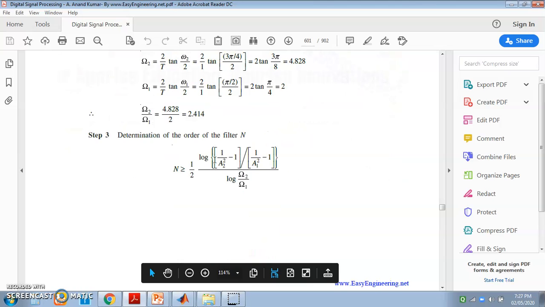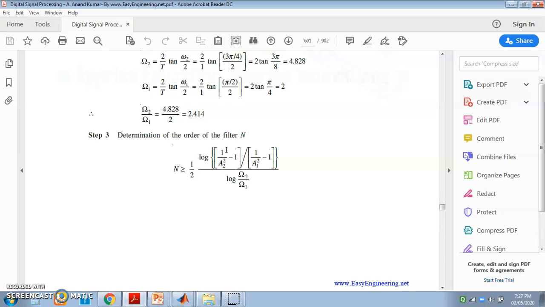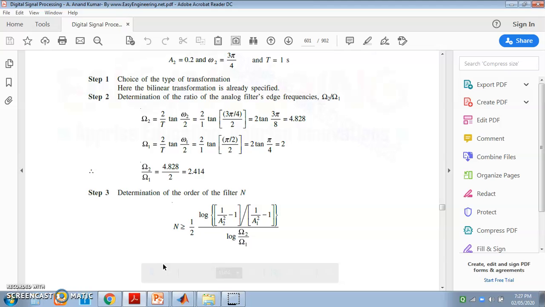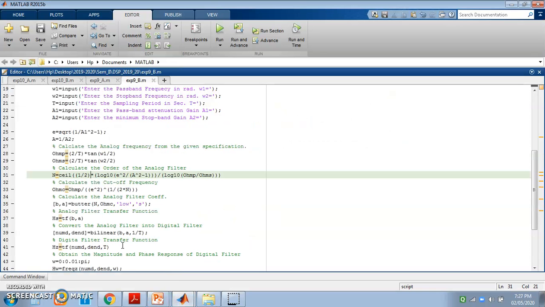This is the equation which is implemented over here, and this term is assumed to be E. That is, square root of 1 by A1 square minus 1 is assumed to be E in MATLAB. So here E is equal to SQRT of 1 upon A1 square minus 1.